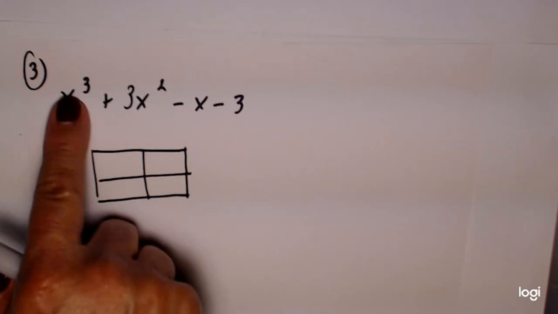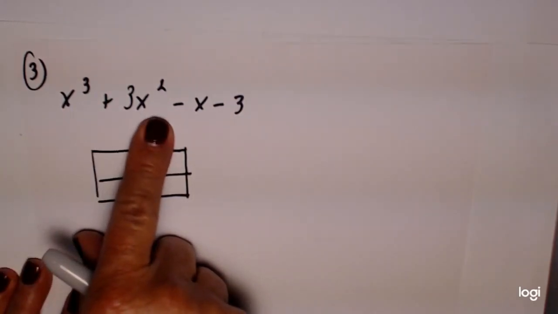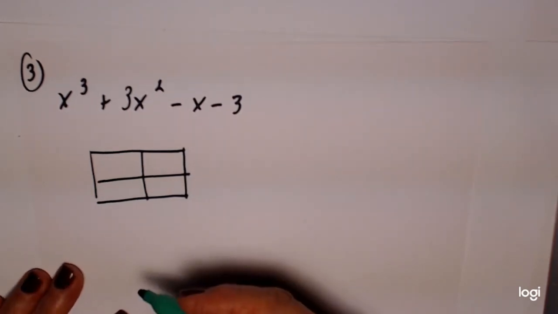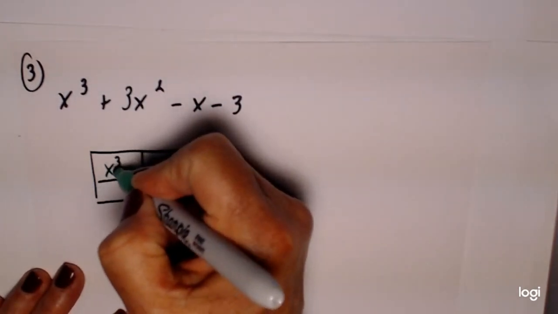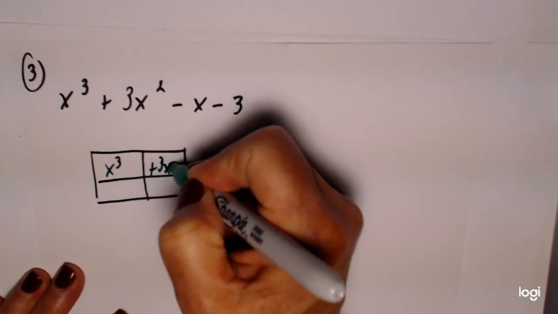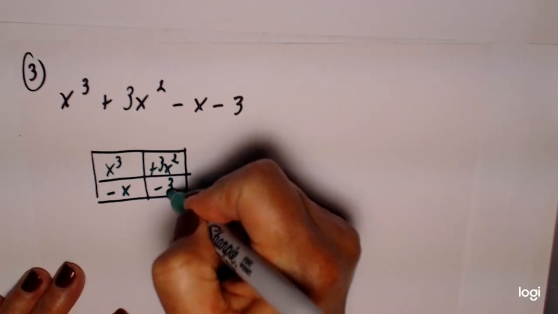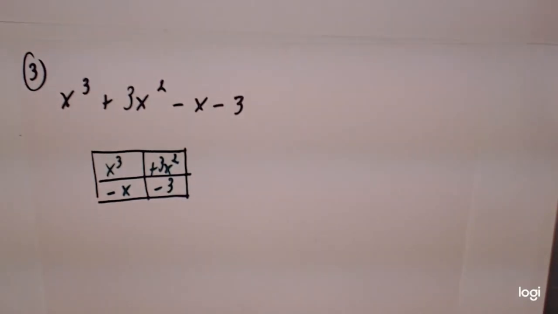So there's nothing that can be combined or simplified, so all 4 terms stand. So we can put them all in the box then. X cubed, 3x squared, minus x, and minus 3.